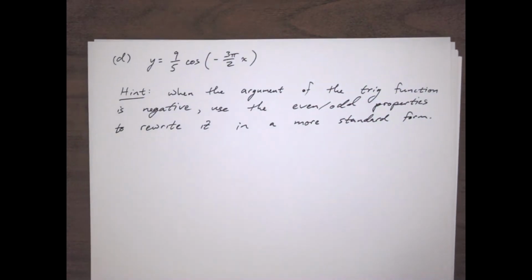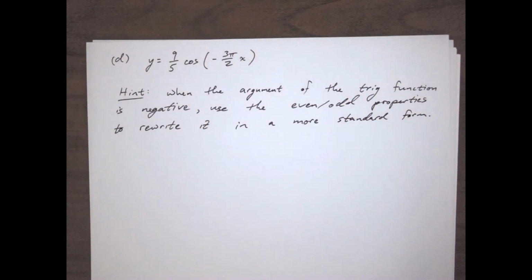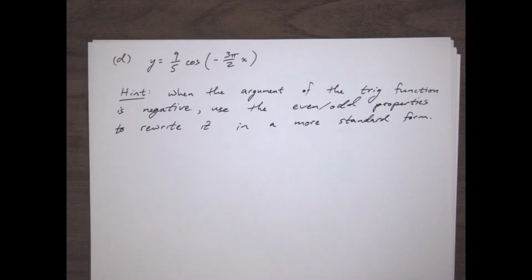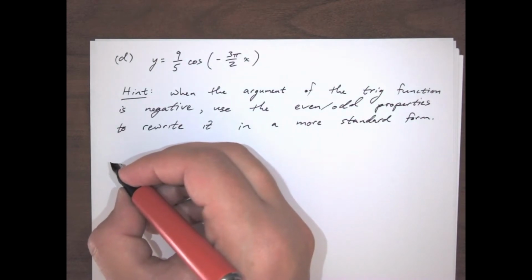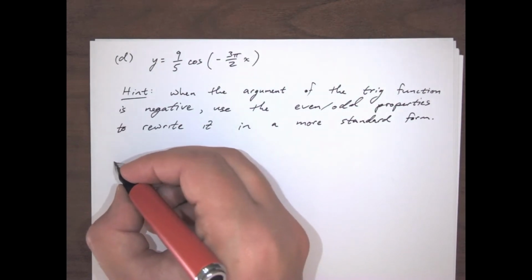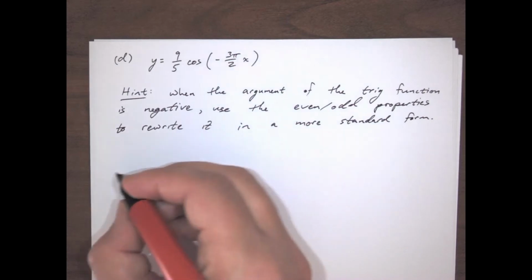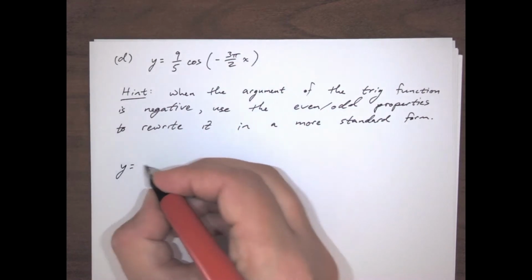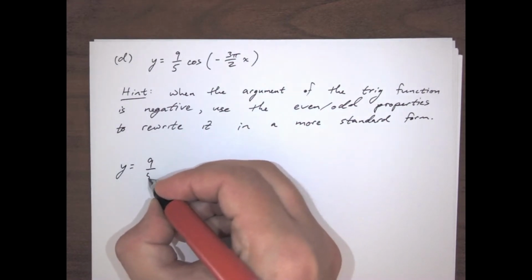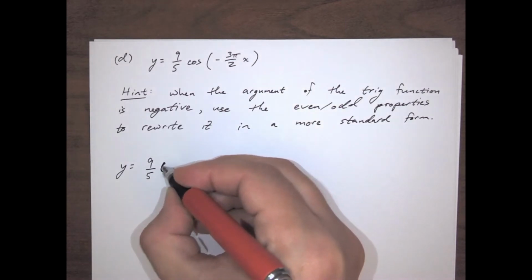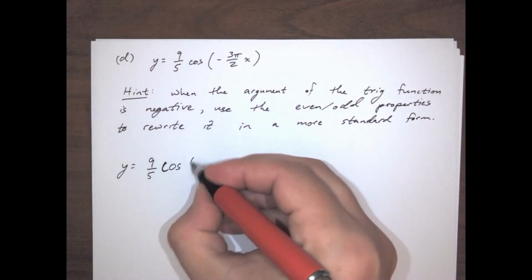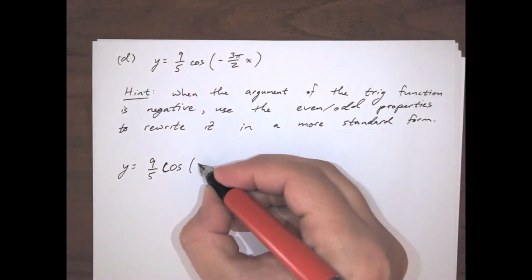We will typically avoid thinking about what does it mean if it has a negative angular velocity. That's just not something we wish to consider right now. And so, if we have something like this, what we would do is think about whether cosine was even or odd, and make our adjustments accordingly.